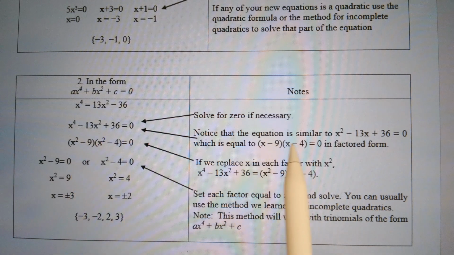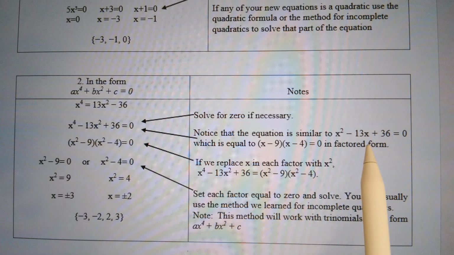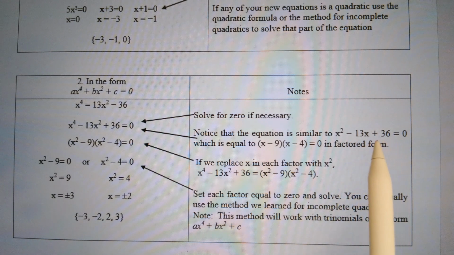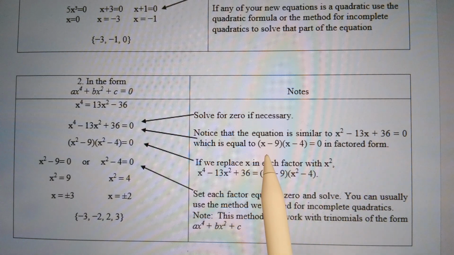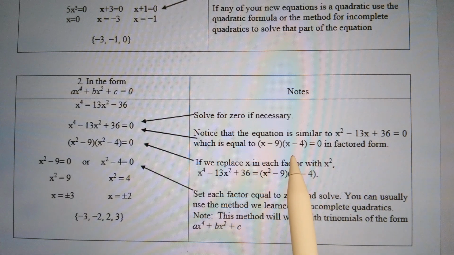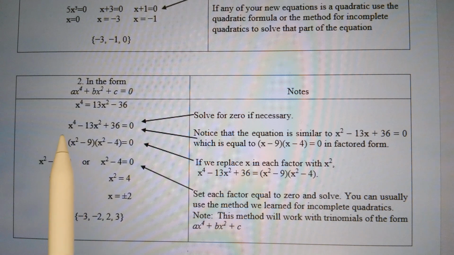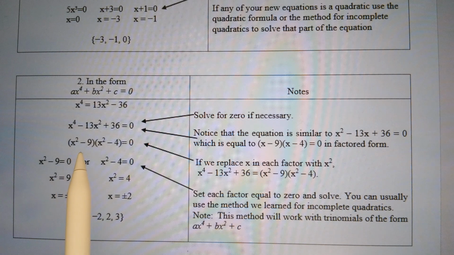Notice the equation is similar to x squared minus 13x plus 36 equals 0, which can be factored into x minus 9 times x minus 4 equals 0. So if we simply replace x with x squared, we end up with this trinomial here equivalent to the 2 binomials, x squared minus 9 times x squared minus 4.